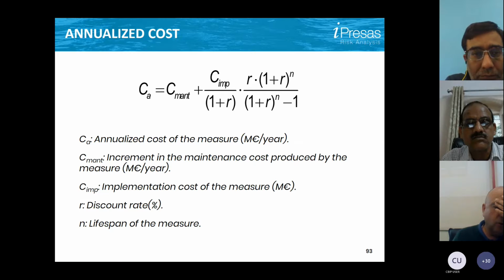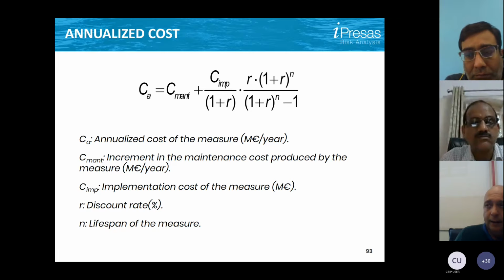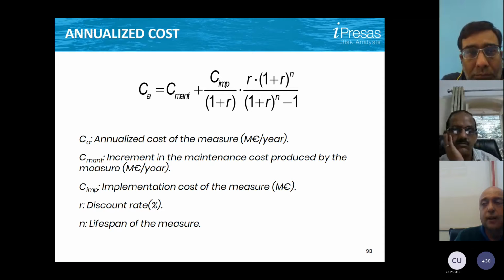And we are going to calculate the adjusted cost per statistical life of every one of those actions to pick the first one, the one that is more useful according to this risk reduction indicator.